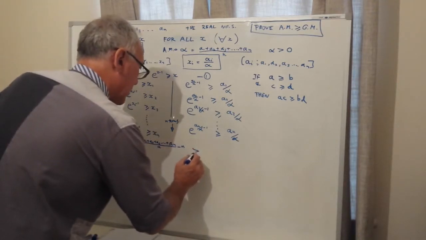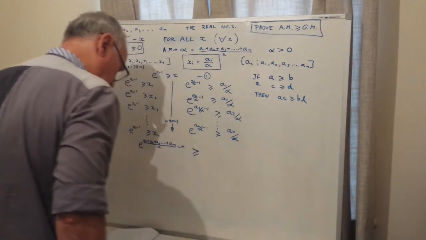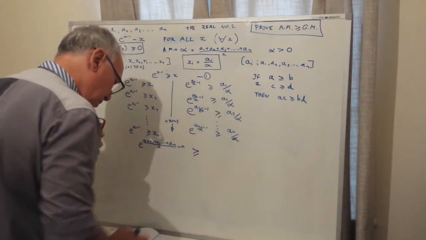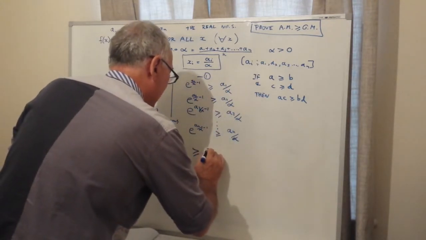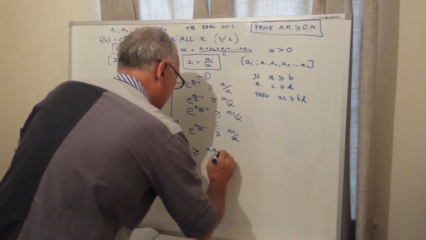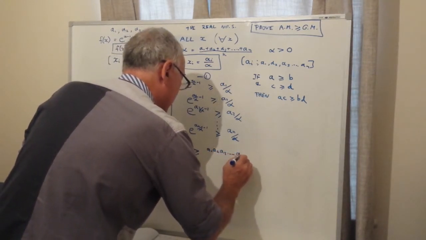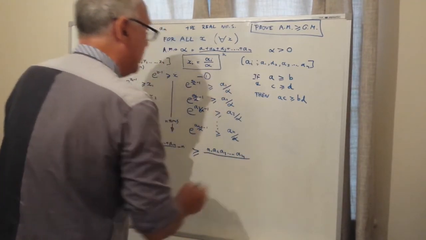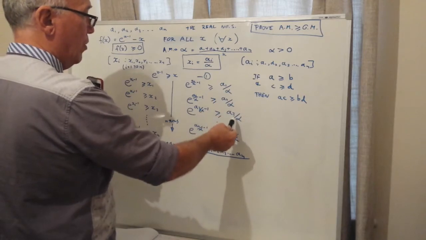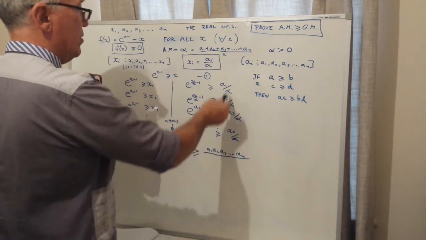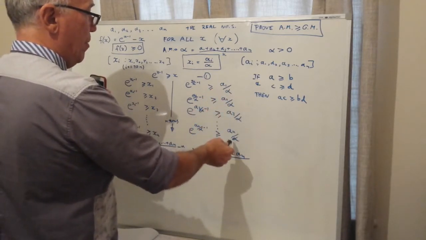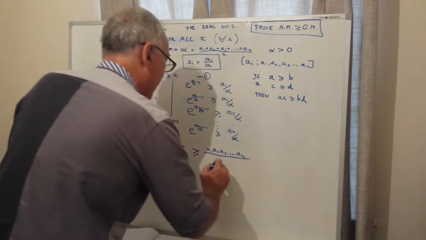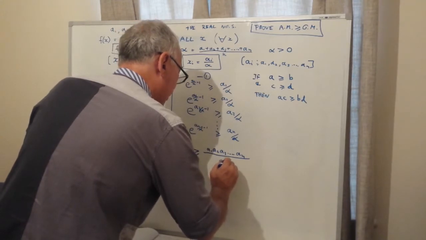And that is greater than or equal to. Now we multiply all of this together. And our top line will be A1, A2, A3, all the way to AN. So these are all multiplied, these are all the numerators. We now multiply all the denominators and they're all alpha and there's n of those. So we're going to have alpha to the power of n.